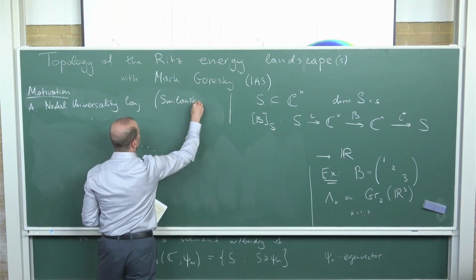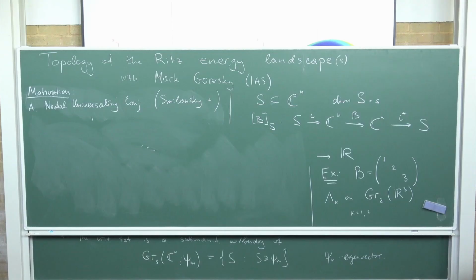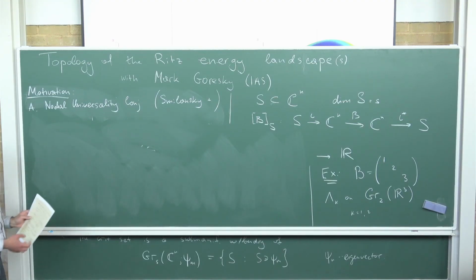Originally proposed by Uzi Smilansky with various collaborators. Vaguely formulated, it says that if you count the number of nodal domains of some sort of model, like a Laplacian on a regularly shaped domain or graph, then this number of nodal domains will have a Gaussian distribution once you rescale it appropriately.